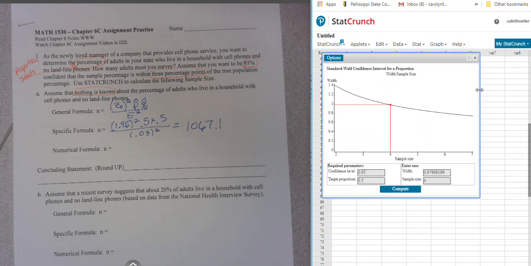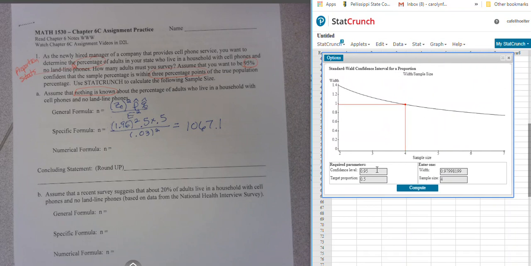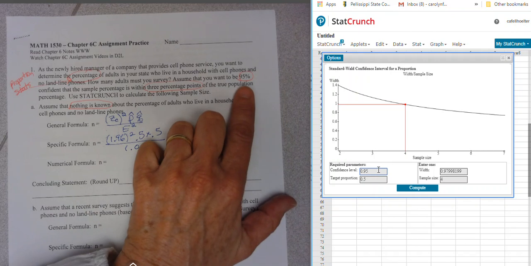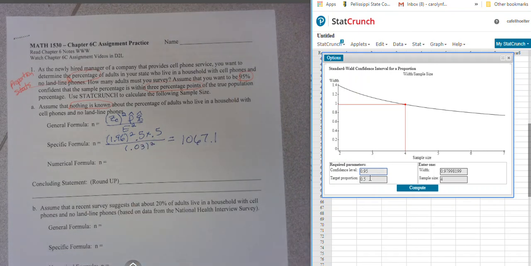So looking here, this is what we need to enter. Confidence level stated in the problem is 0.95 here. The target proportion. Now this is what your P hat is, but we don't have a P hat because of this right here. It says assume nothing is known. So when we don't have any prior knowledge at all, we just put 50% or 0.5 as our target proportion.